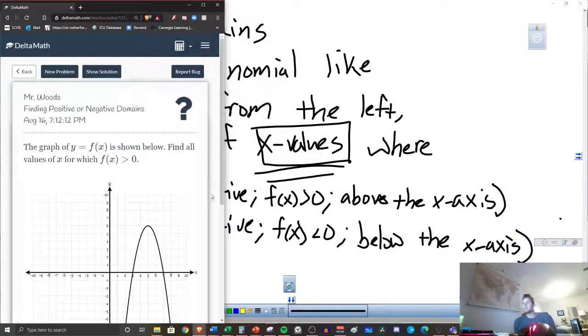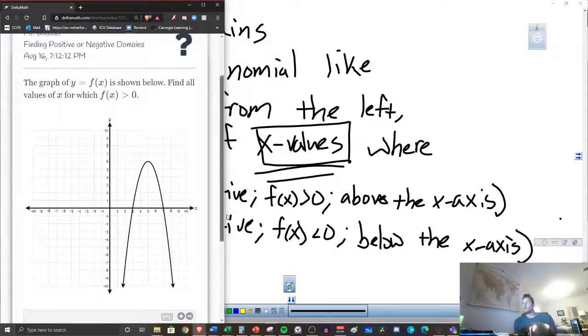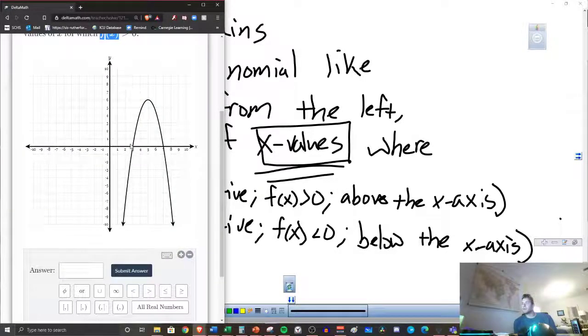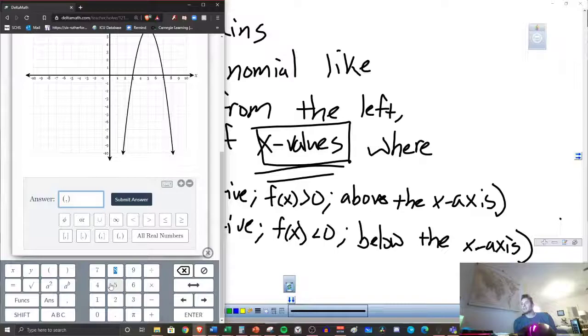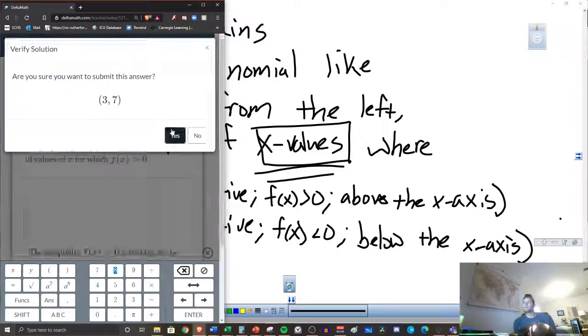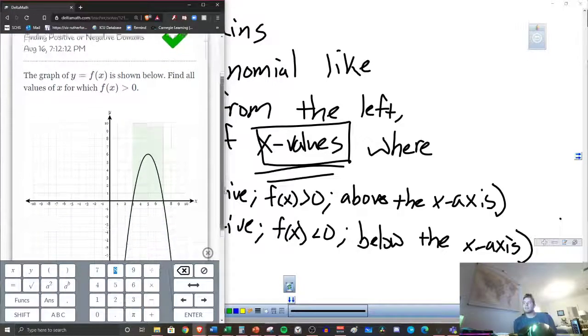positive negative domains. Again, with a quadratic, when is it positive? So above 0, you can put the interval. So when is it above there? Well, from 3 to 7. So we'll put that. And this time we're using parentheses again. So we're going to say from 3 to 7. Got it. And you can see that's where it's positive.